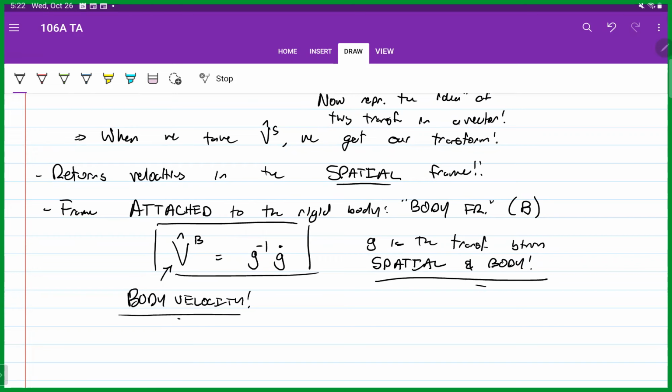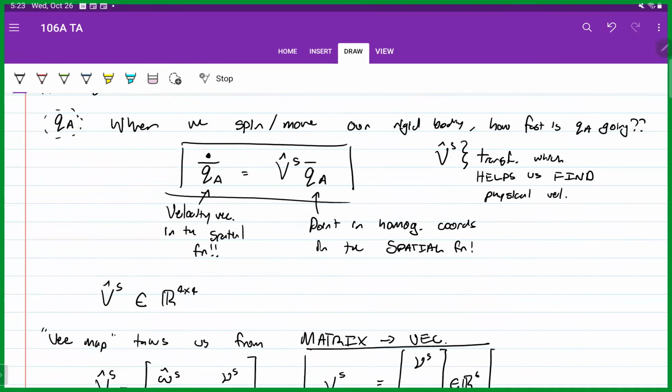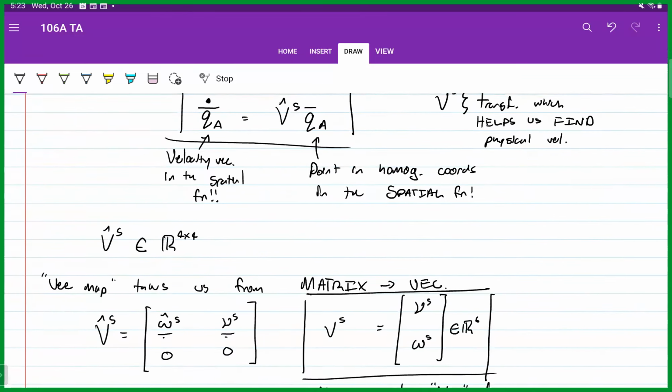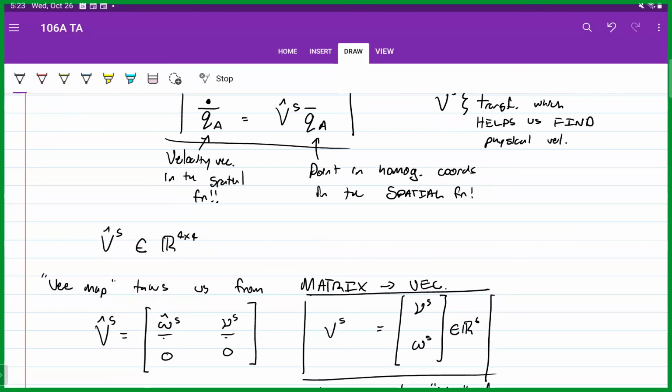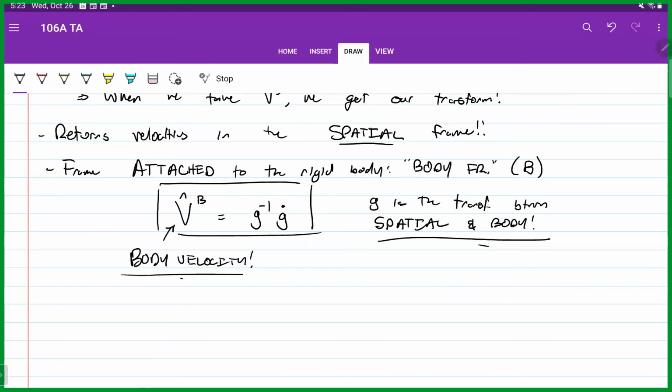Okay, so what's this thing actually doing? Earlier, remember, we had said that this spatial velocity, v hat spatial, will take us from a point in the spatial frame and give us back its velocity in the spatial frame. So this body velocity is going to do something really similar. What the body velocity does is it takes in a point in the body frame, and what does it return?